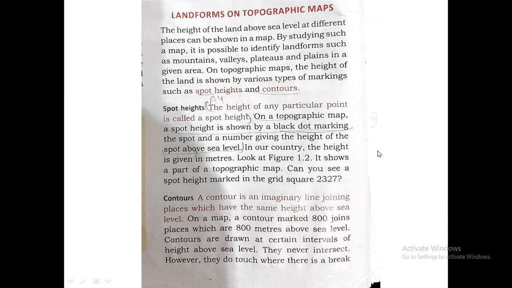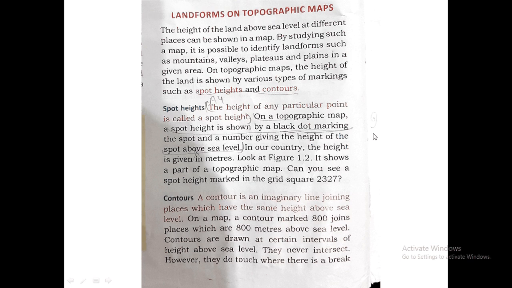Suppose place A has a 20-meter height, place B has a 10-meter height, and place C has a 20-meter height. Then the contour line will join points A and C because both have the same height, not B because B has a 10-meter height.